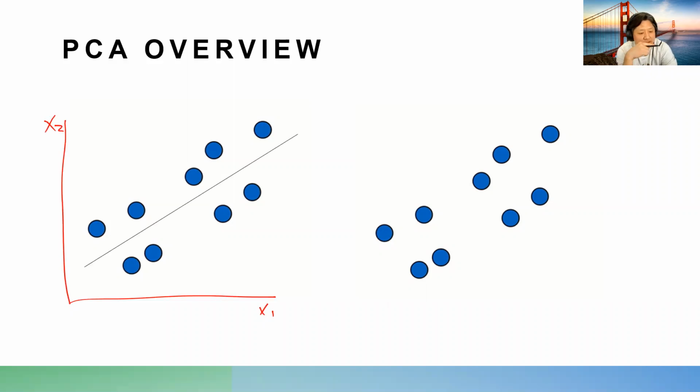I found the axis, and I project all the values to this line. Then I find another axis, principal axis, and project like this.